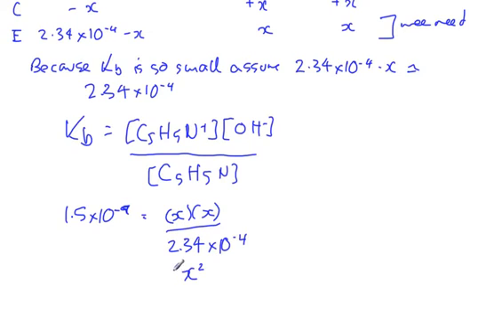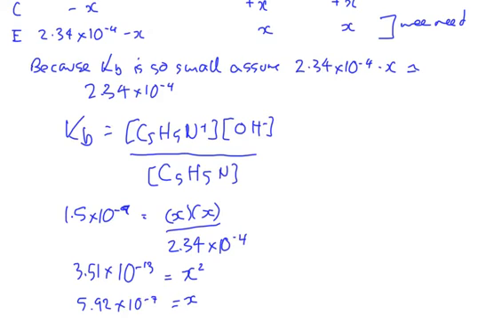So x squared equals 3.51 times 10 to the negative 13. X equals 5.92 times 10 to the negative 7.